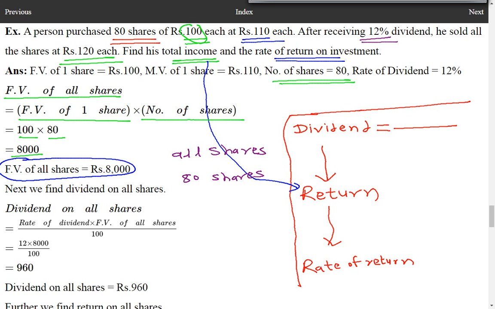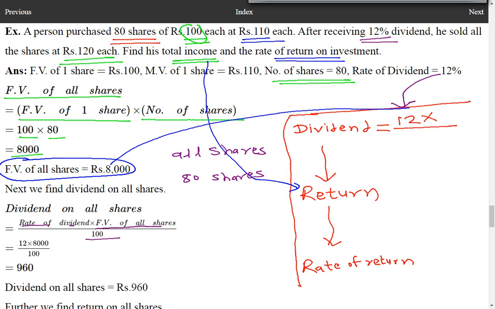Now dividend is given by the formula rate of dividend into face value of all shares upon 100. So let us substitute the values. Rate of dividend is given as 12. So it is 12 into face value of all shares.